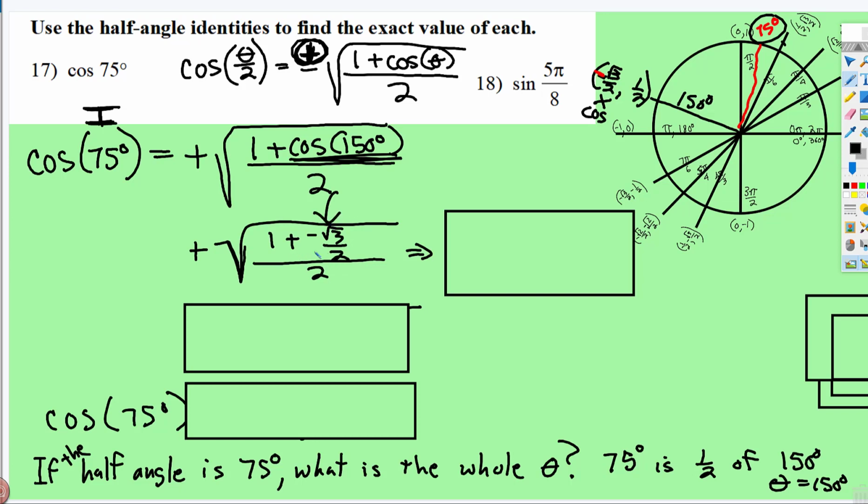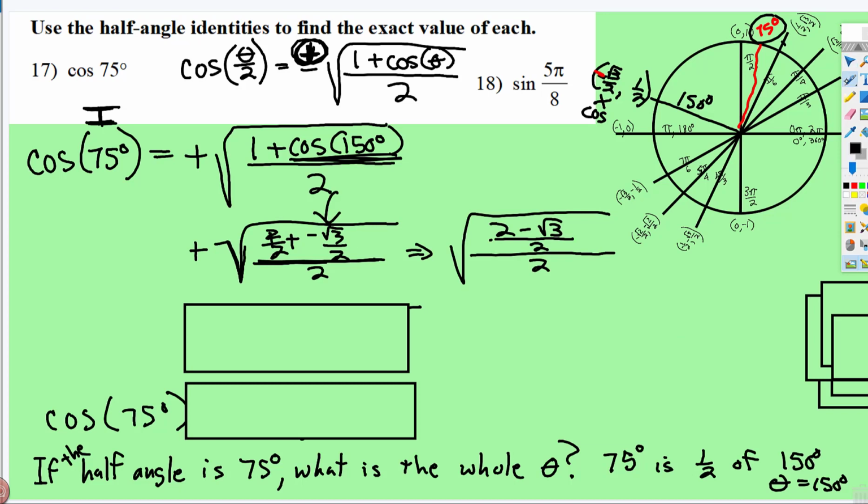Then remember, when we have this expression in the numerator, we're going to rewrite 1 as 2 over 2, and then that's going to become one expression. So 2 minus root 3, and both of those fractions are over 2, so we can put it over one fraction, all over this 2.